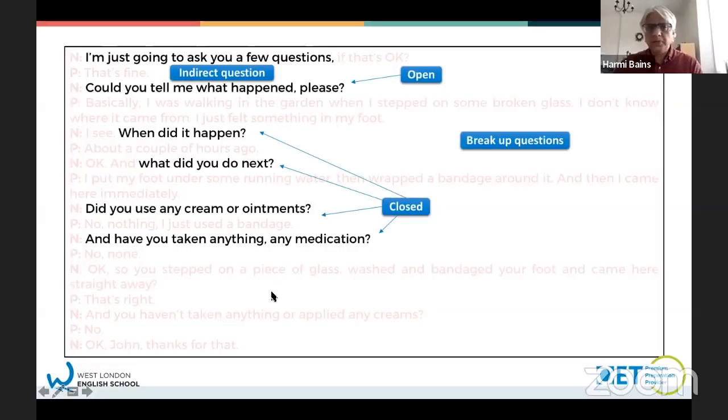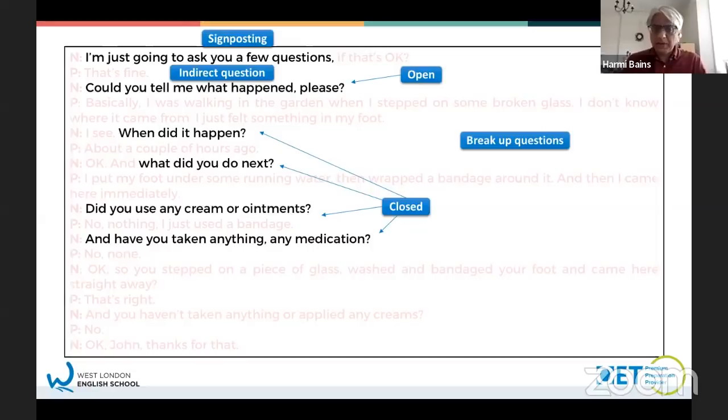You can see at the top as well, when the nurse started the role play, I'm just going to ask you a few questions. This is a nice thing to do because it's something we call signposting. And again, signposting is something that you can get marks from as well. You can pick up a few marks. And when you think about a signpost, if you're driving, a signpost tells you which direction to go.